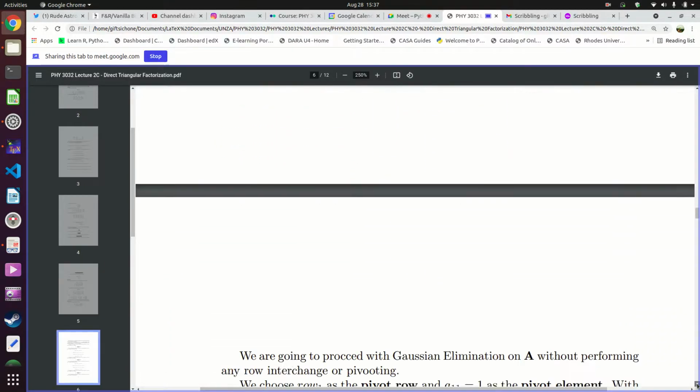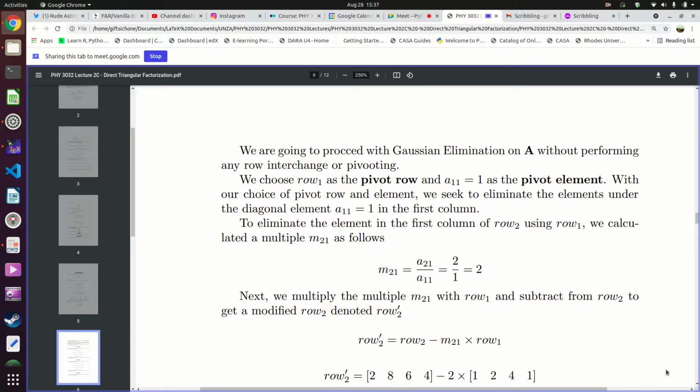So we have said that we're going to choose row number 1 as our pivot row, and the diagonal element A11 as our pivot element. With that, we are going to start doing eliminations. Everything in the first column under the diagonal element, we want to eliminate.